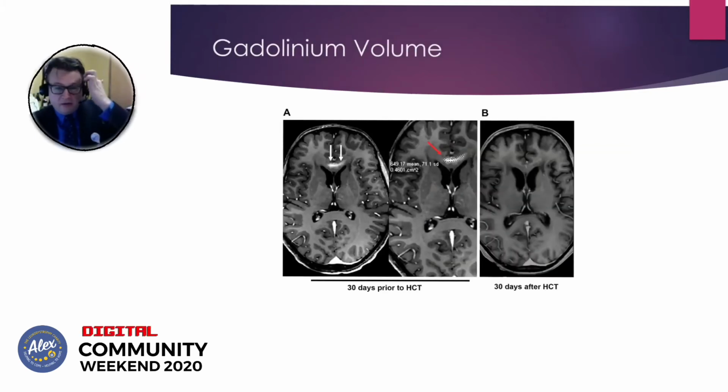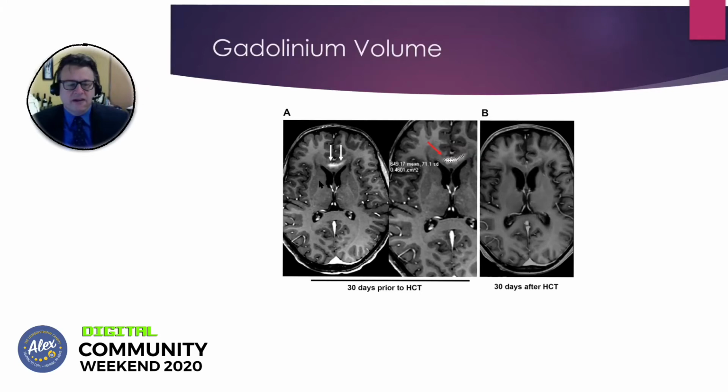And so while we're continuing to talk about gadolinium, it's not just a line or a blip on the screen. You can see in figure A here, this is frontal disease in a boy and it involves this region here at the top of the MRI image. It's actually a signal that you could quantify.